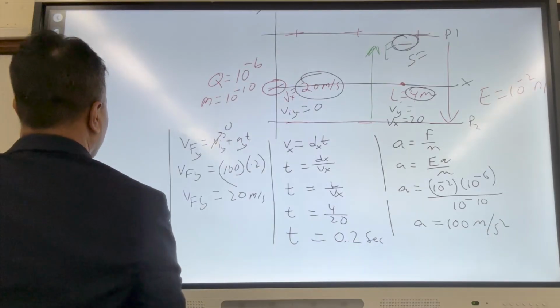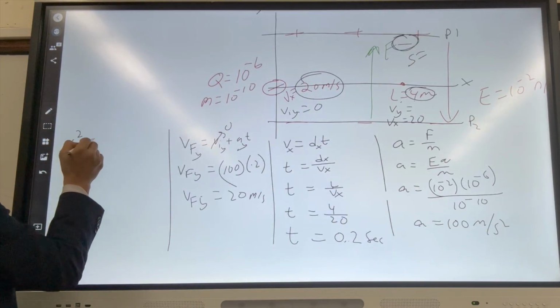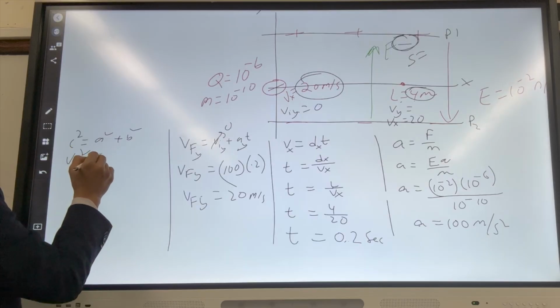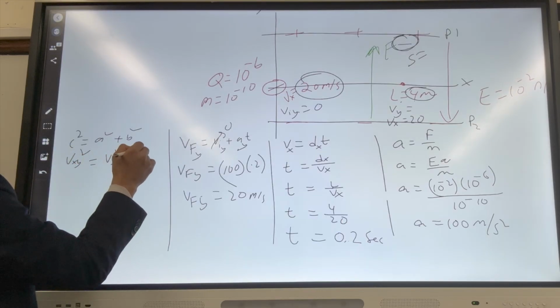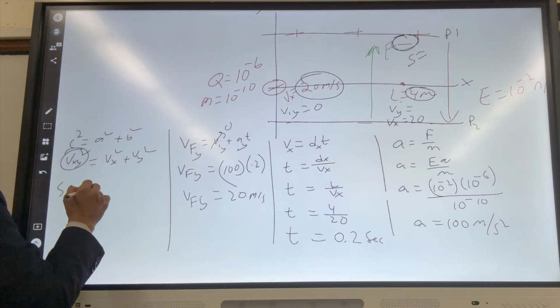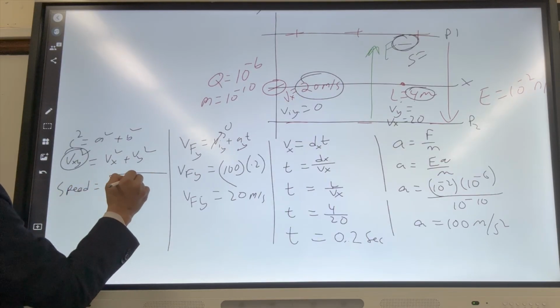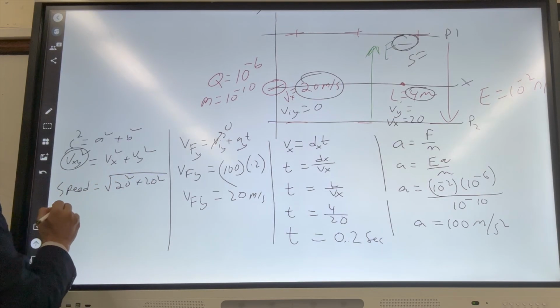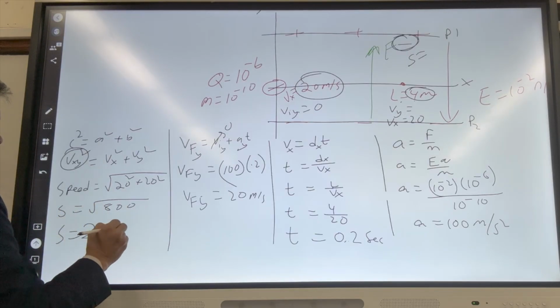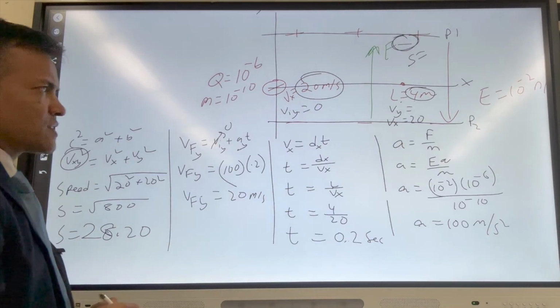Okay, so now we know that c squared is equal to a squared plus b squared. So Vxy squared is equal to Vx squared plus Vy squared. What does that mean? This means the speed. 20 squared plus 20 squared. So the speed squared is equal to 800. So speed is equal to 28.28. Okay, so this is the answer.